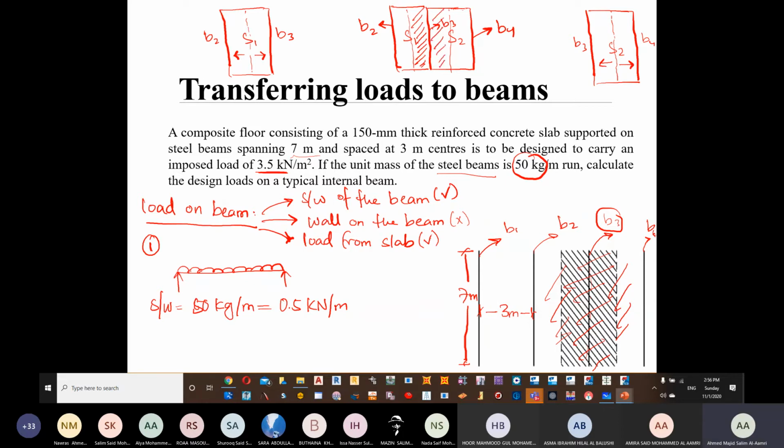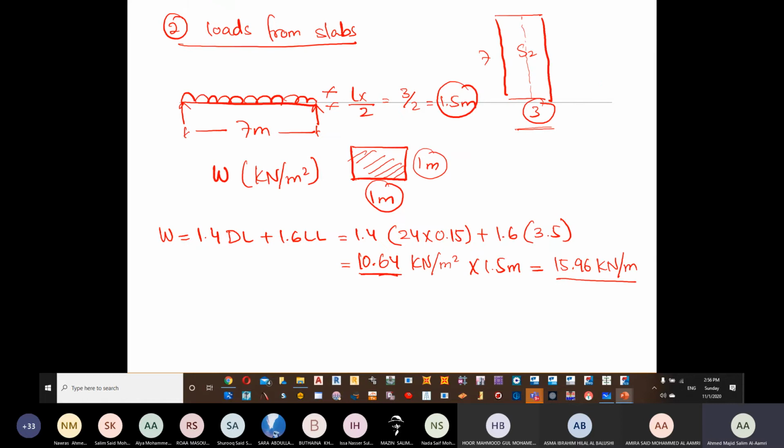So we need to multiply the loads from slabs by the number of slabs. So there are 2 slabs. So this is going to give you 31.92 kilonewton per meter. Is it clear? Are we okay?